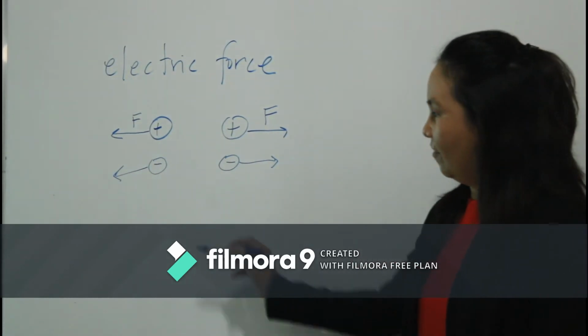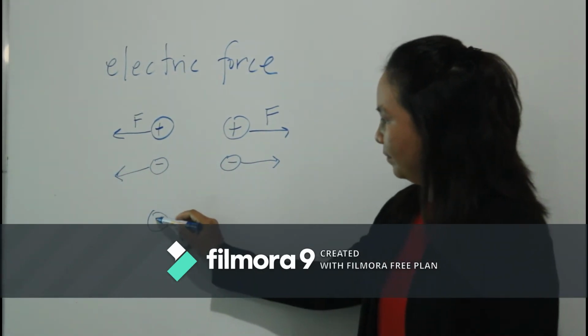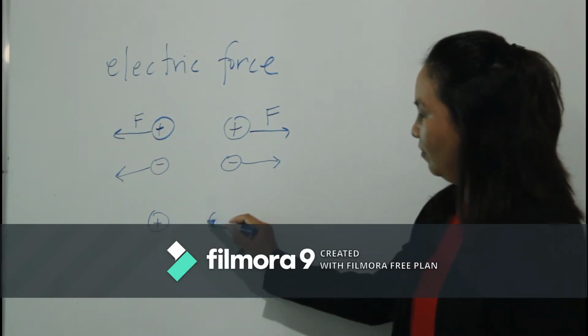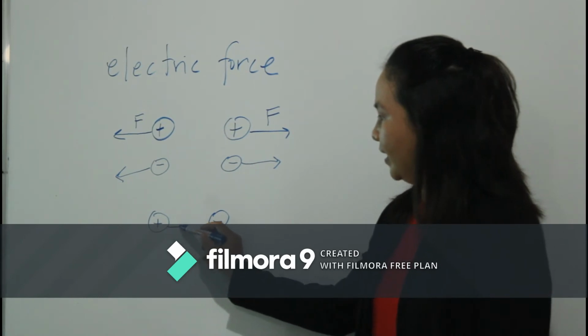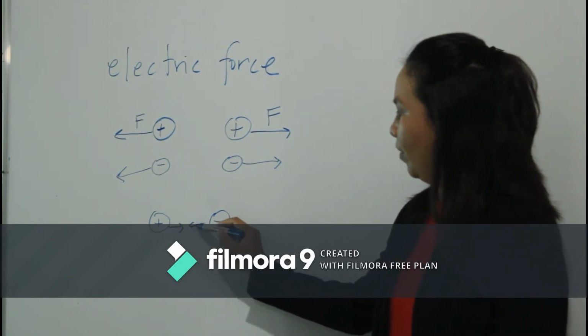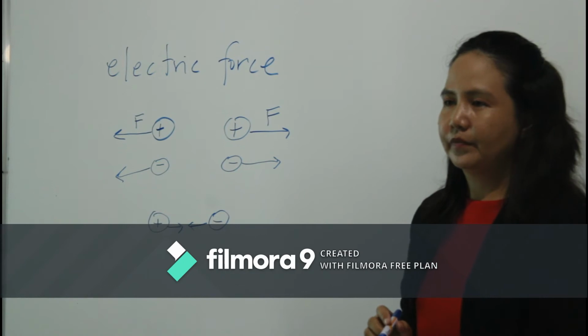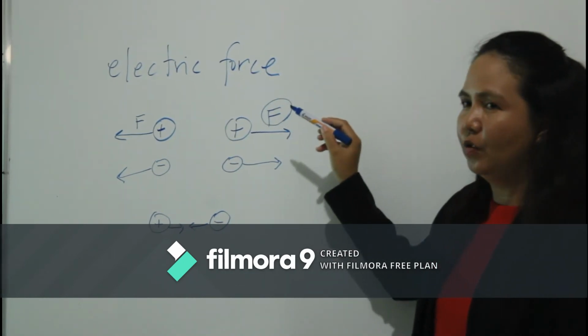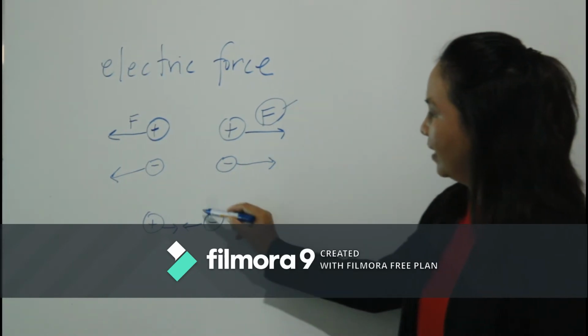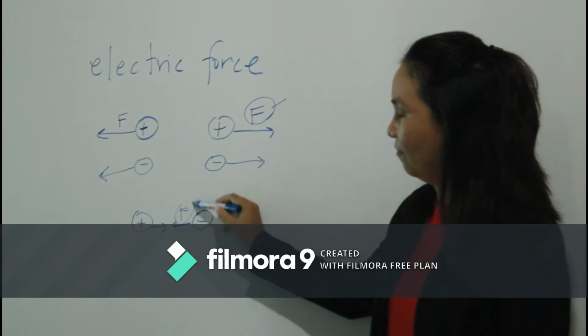Now if I have a positively charged object brought near a negatively charged object, an attracting force exists between these 2 point charges. But how do we calculate the magnitude of this repulsive force and attractive force?